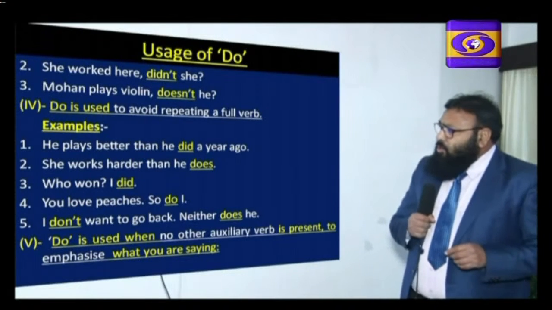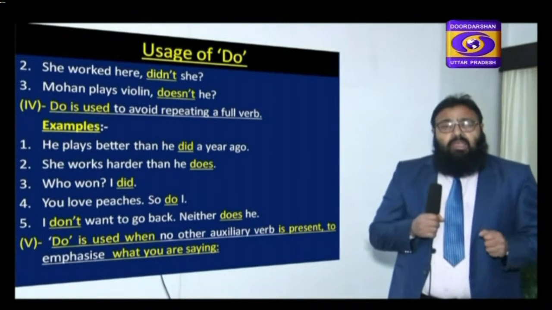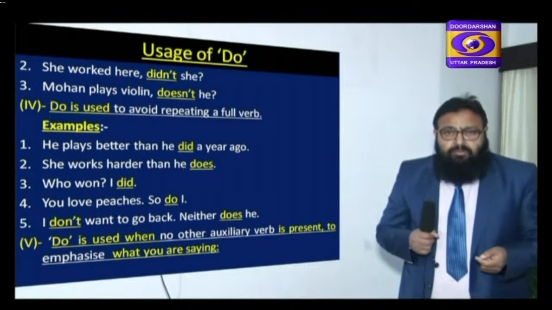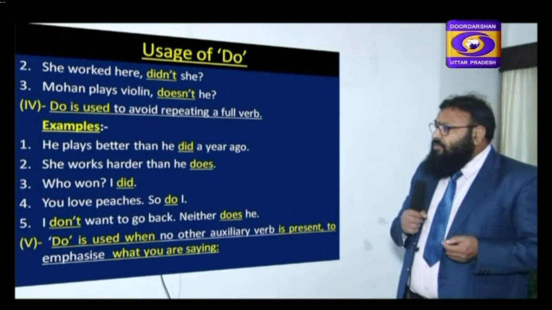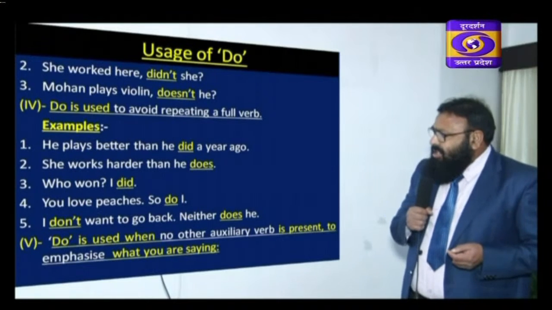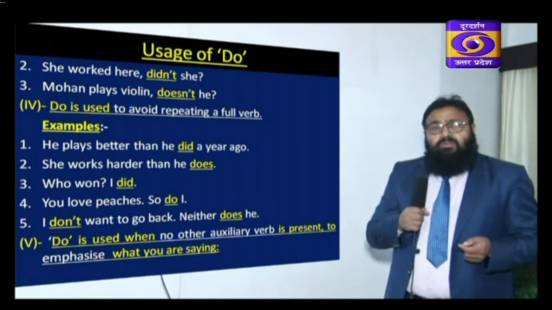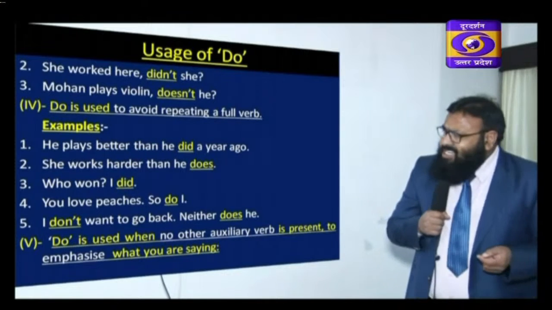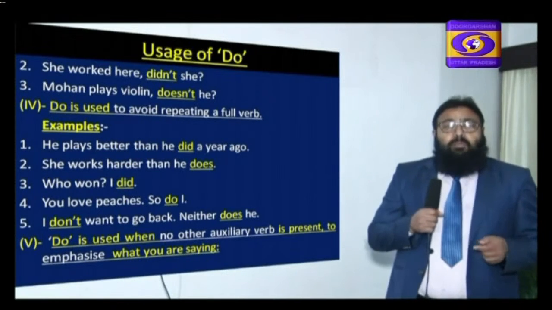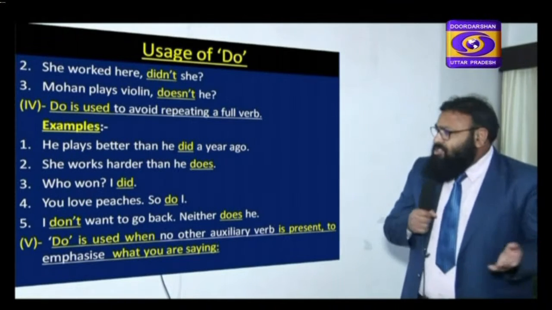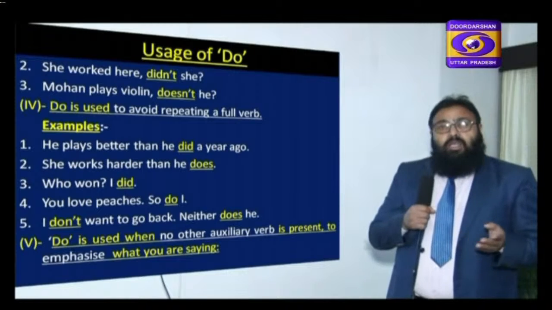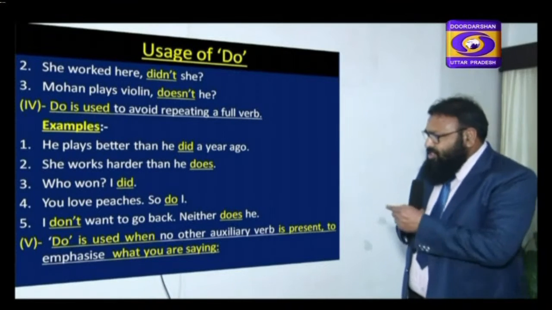Now, the fourth usage of do is to avoid repeating a full verb. Examples are: he plays better than he did a year ago. Now, the exact sentence is, he plays better than he played. But in order to avoid repetition of the verb play, we use do in the second form.